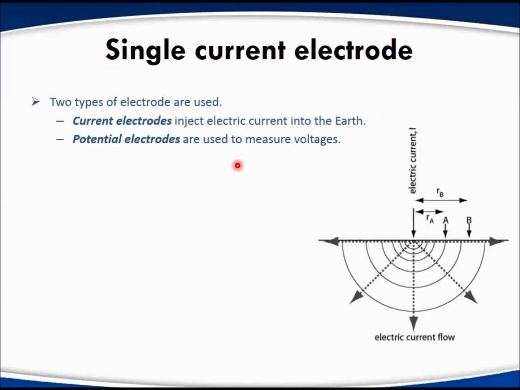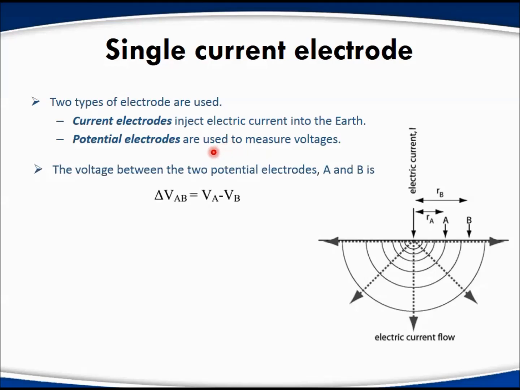So now we consider two types of electrode that are used. One is the current electrode, which injects electrical current into the earth. The other is the potential electrode, which we use to measure voltage.